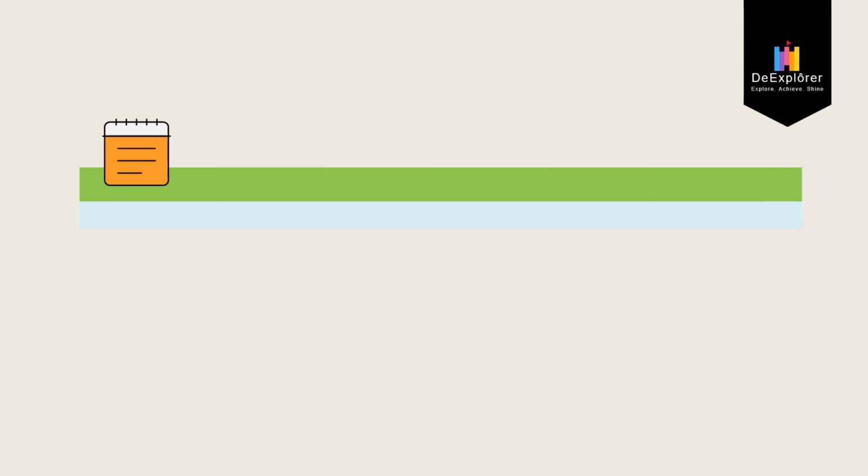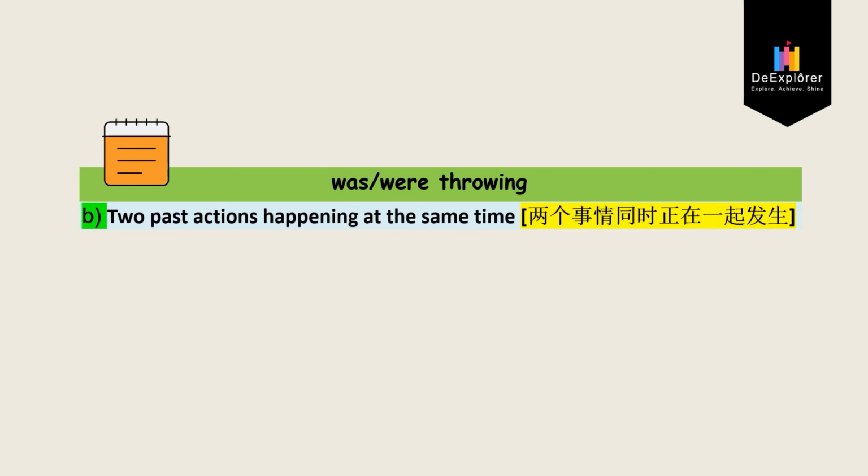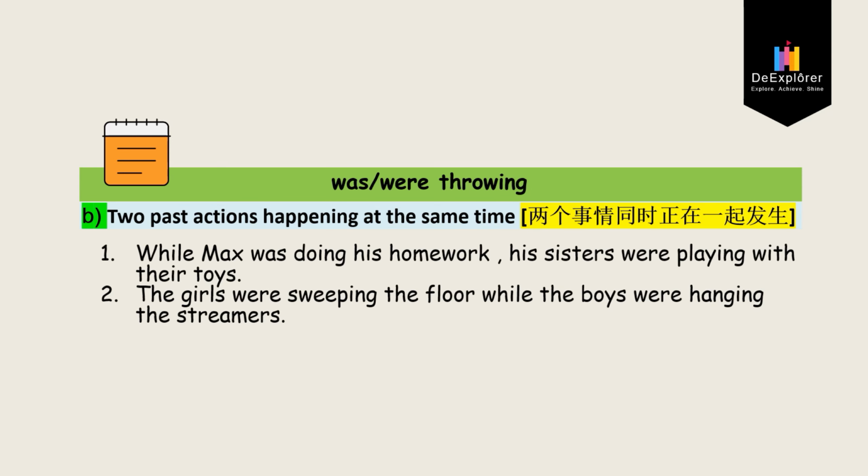Past continuous tense can also be used to show two past actions happening at the same time. 就是两个事情同时正在一起发生的。Let's take a look at example. Number 1. While Max was doing his homework, his sisters were playing with their toys. See, so if you take a look at this sentence, there are two actions here.